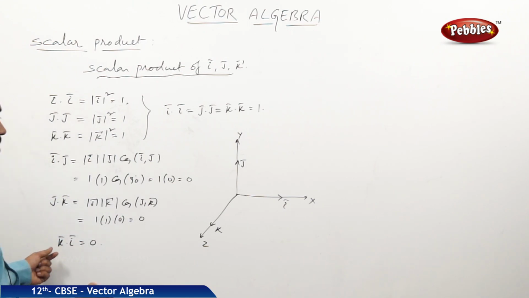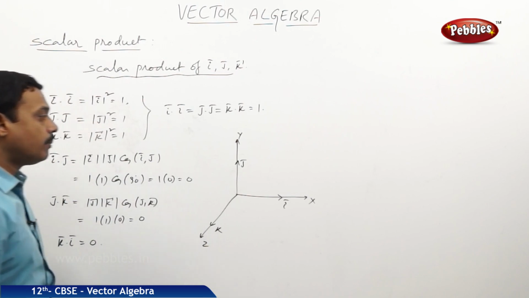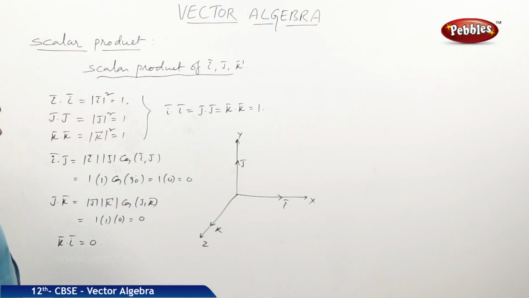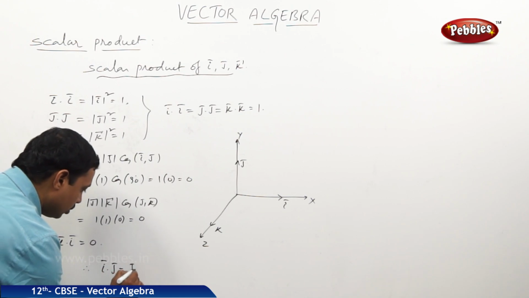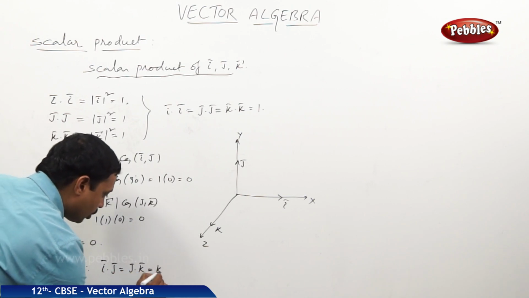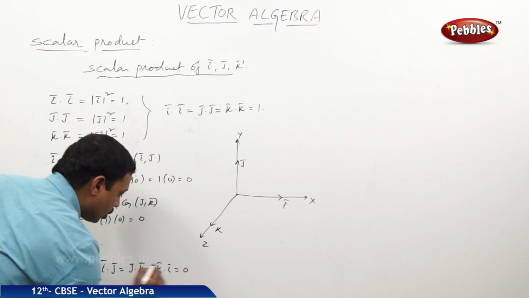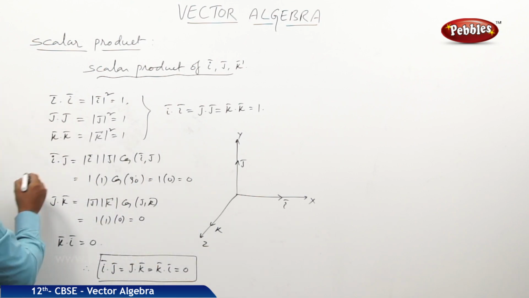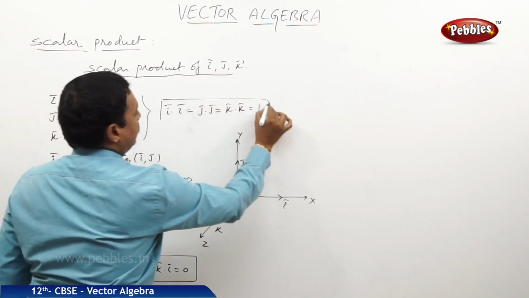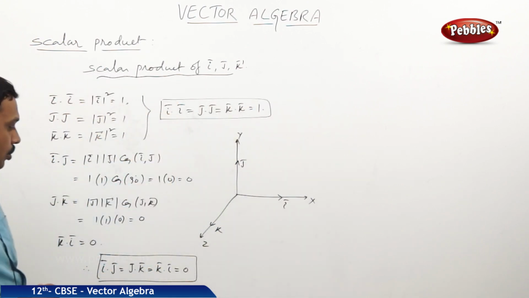Because k and i are also mutually perpendicular vectors. Therefore, i dot j is equal to j dot k is equal to k dot i is equal to 0. So remember, these are the two important relations between i, j, k.